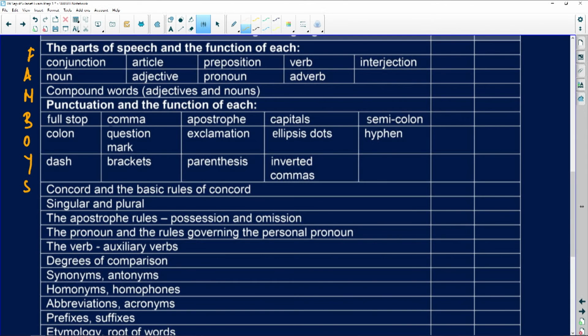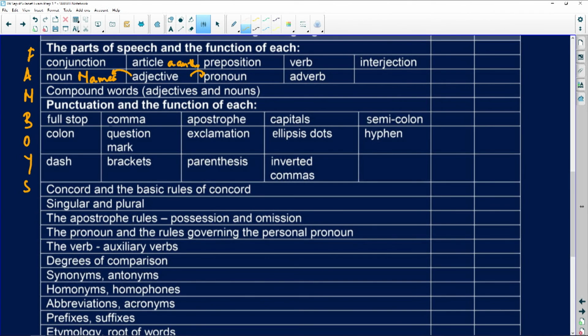But there are also subordinating conjunctions. And I told you the one that they quite like is although. Then articles, a or an or the. A noun names something. An adjective describes a noun or a pronoun.